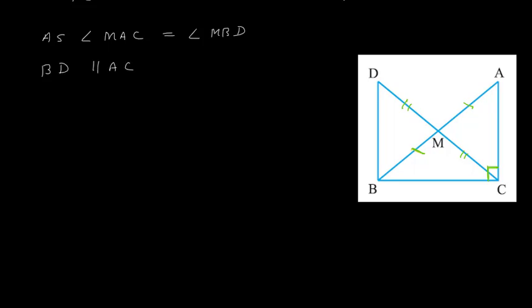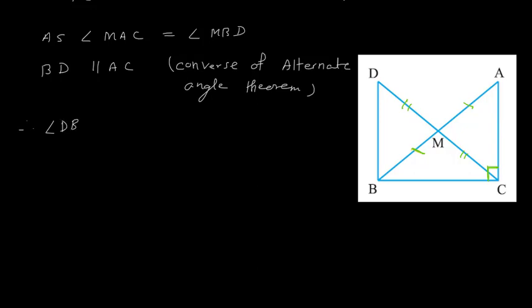This is converse of alternate angle theorem. Okay, this is a converse statement. Now these two sides are parallel, therefore angle DBC plus angle ACB, they are equal to 180 degree.